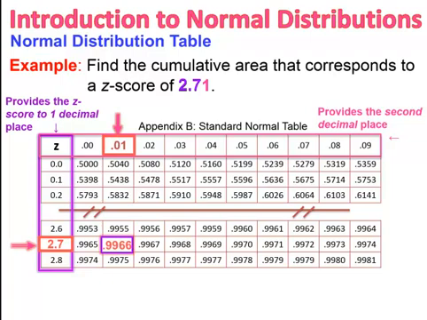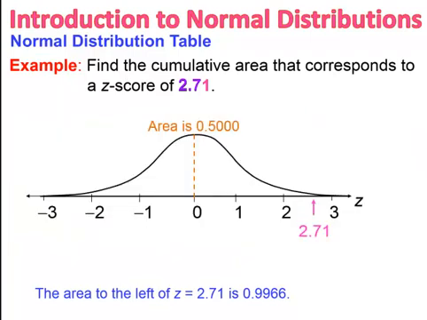And where they intersect would be the area for that particular z-score, or the probability. So in this case, the area to the left, and that's key information, for the z-score 2.71, it would be 0.9966, or that would be our probability.